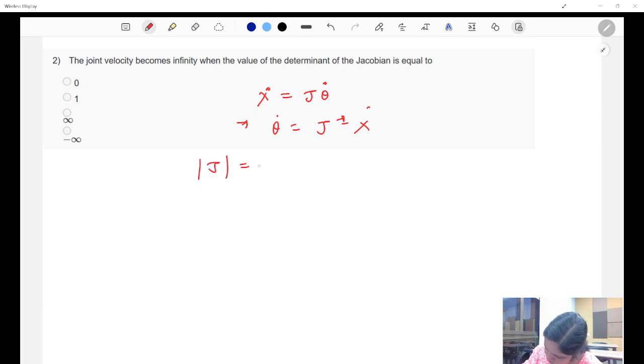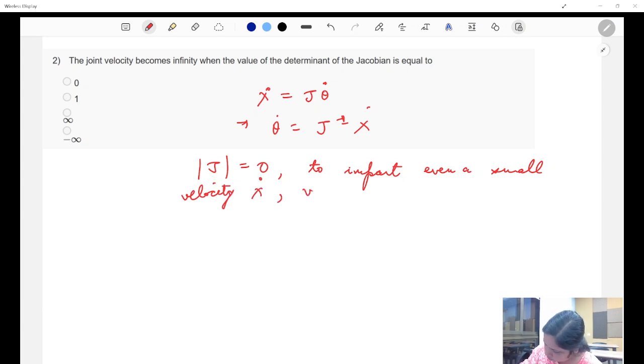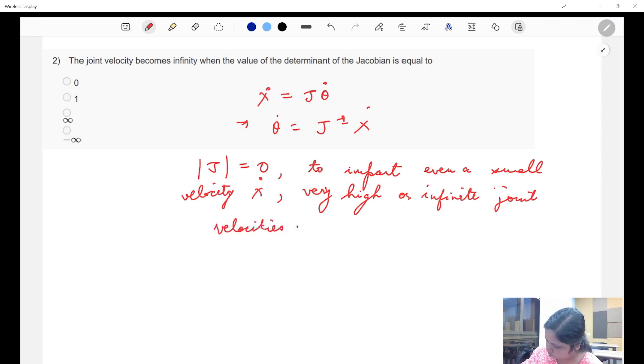If the determinant is equal to 0, then to impart even a small velocity x dot, very high, or I would say infinite, joint velocities are needed. So this happens when the determinant is equal to 0. So this is your correct answer.